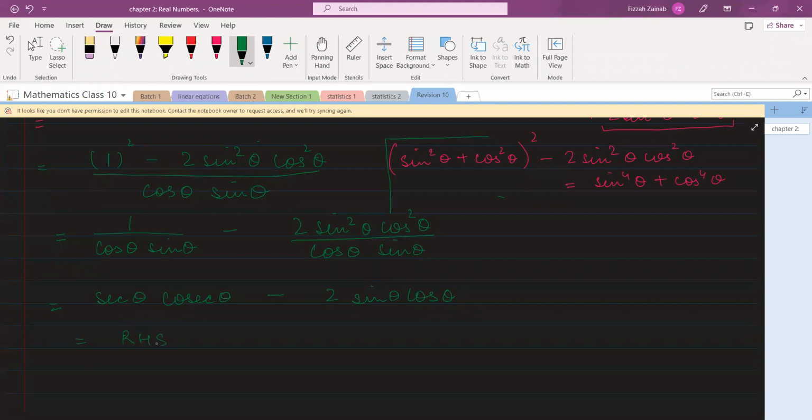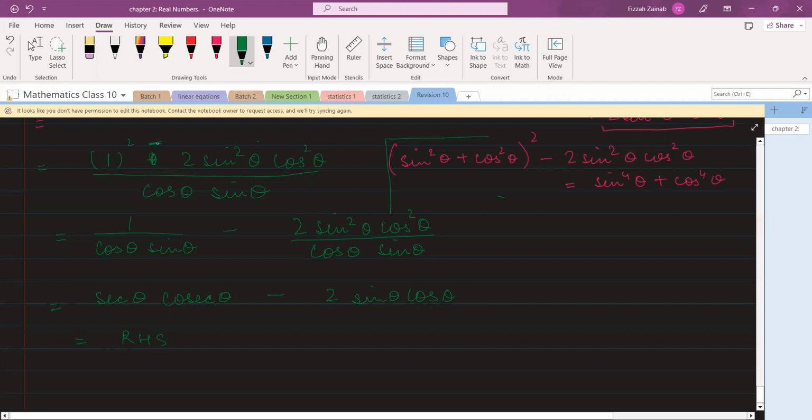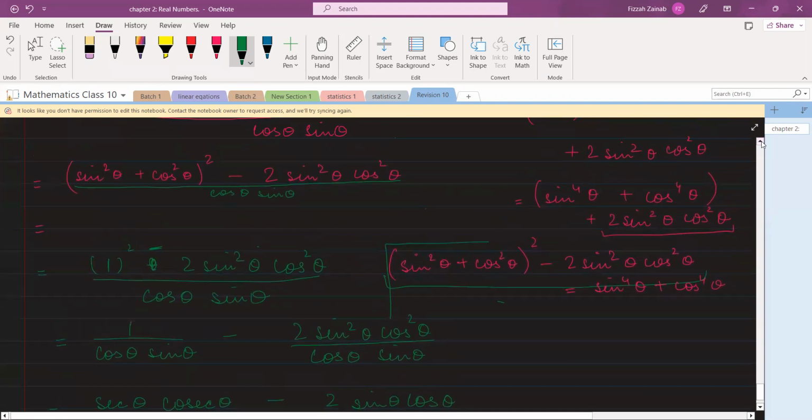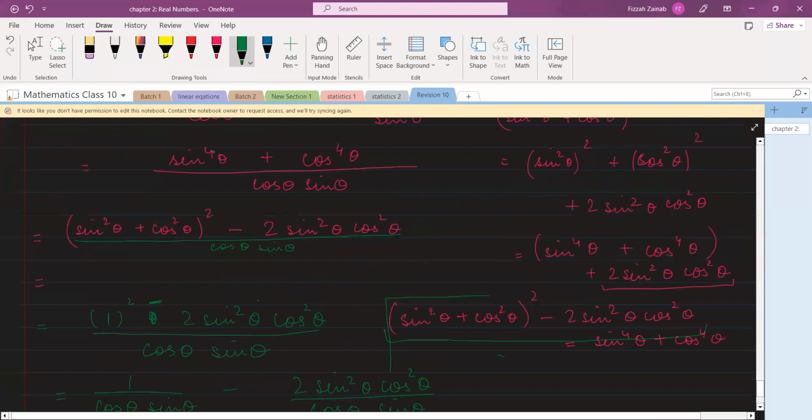How do we get this from plus 2 sine theta to minus 2 sine theta? Was it plus? Sorry. I have got it from here. See, just see here. After this step, when you are getting sine 4 theta plus cos 4 theta, right?